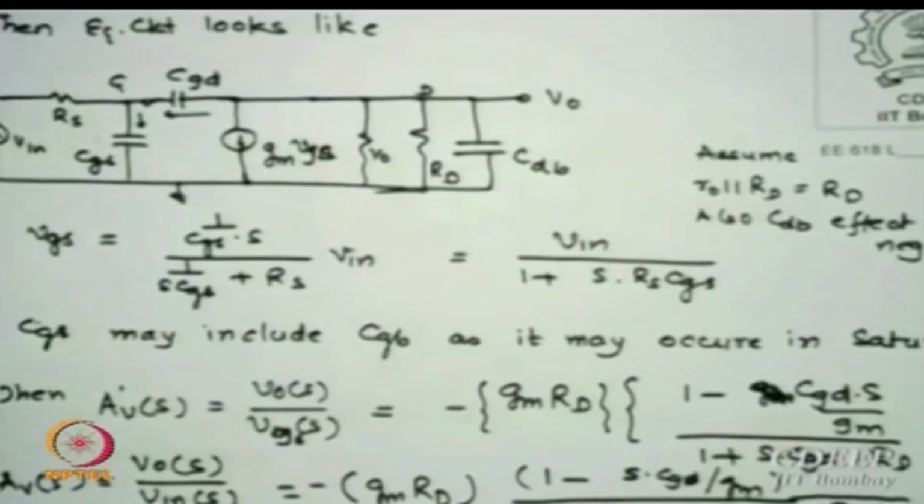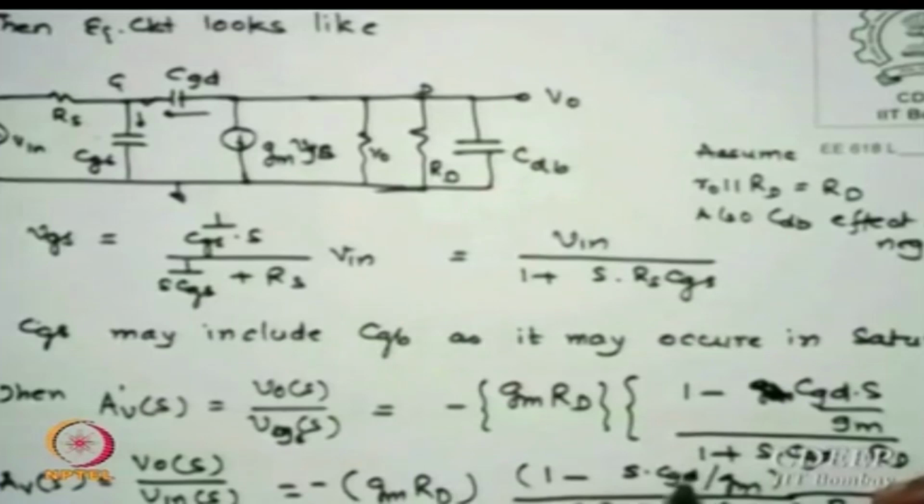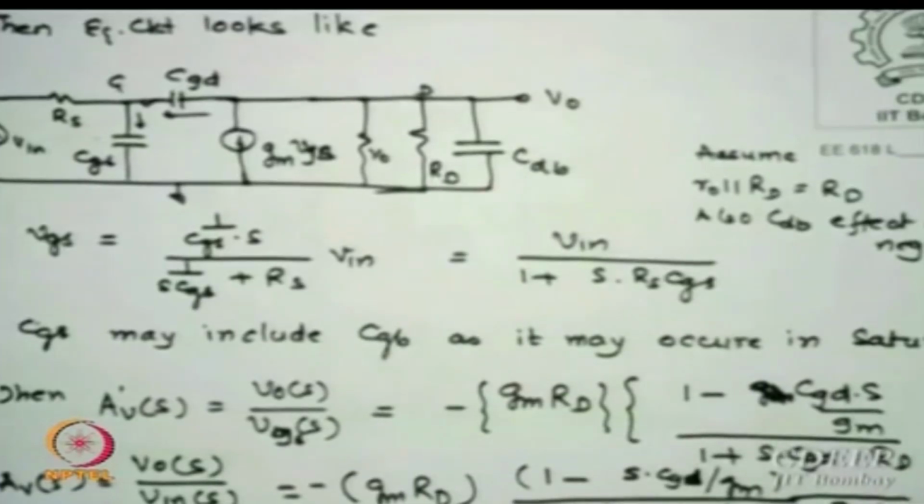So I get AVS equal to V0 by Vns, which is minus GMRD times (1 minus S times CGD by GM) upon (1 plus RSCGS) into (1 plus S times RDCGD).